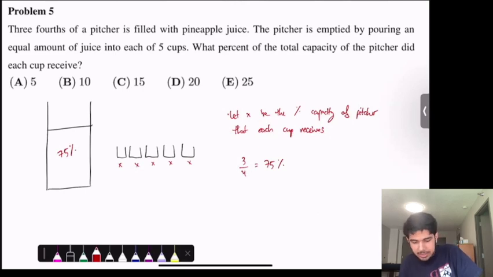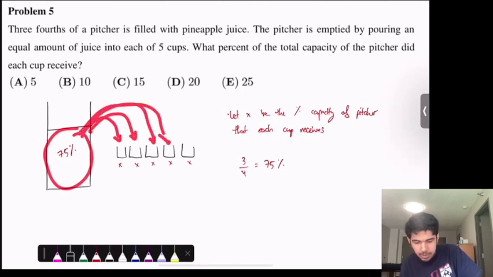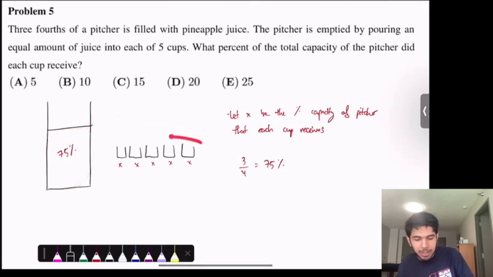And so this pineapple juice gets distributed into all of these cups. That means the total amount of pineapple juice in these cups should be equal to the total amount of pineapple juice that we started with, which was 75% of the pitcher's capacity. And remember, each of these x is a percent. It's the percent capacity of the pitcher that each cup receives.